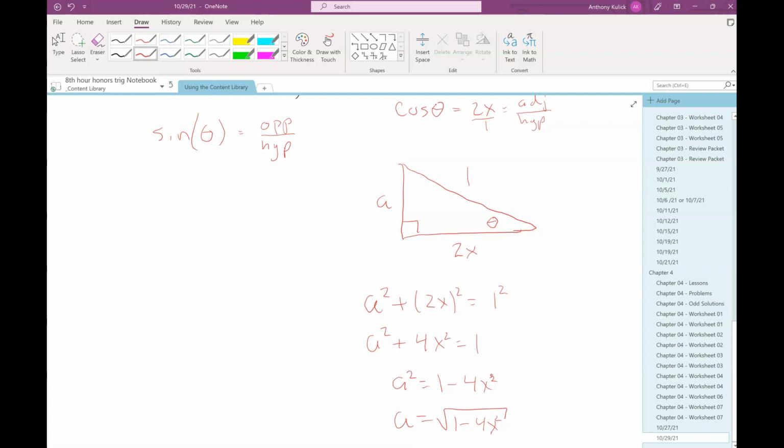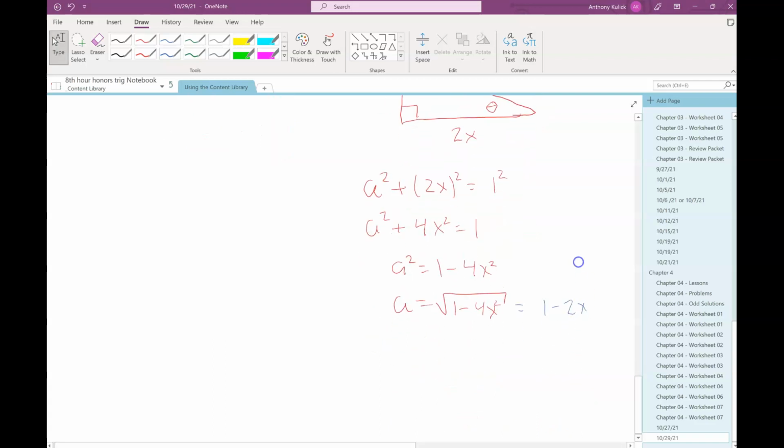Sydney? Of course. Quick question. So square root of 1 minus 4x squared, that's just 1 minus 2x, right? No. How could we ever? No. I've caught many people doing this year. Remember, with radicals, you can't break a radical across an addition or subtraction symbol.